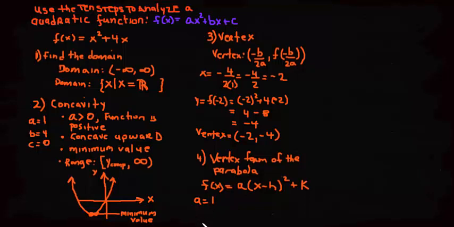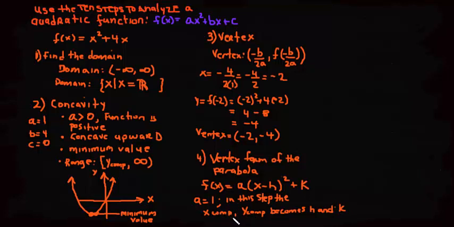Now, in this step, the x component and y component of the vertex now become h and k.